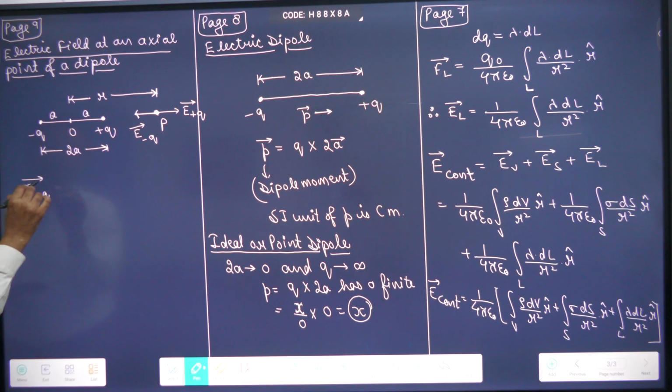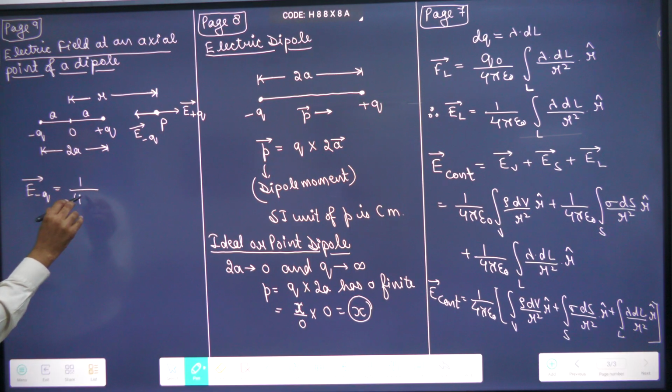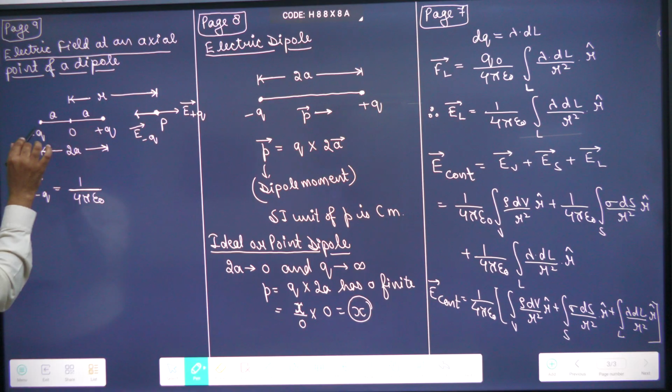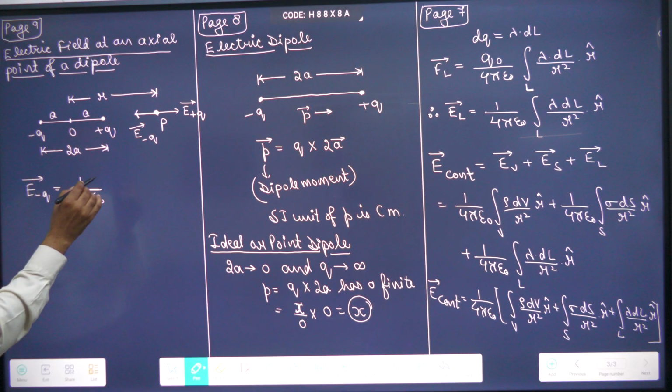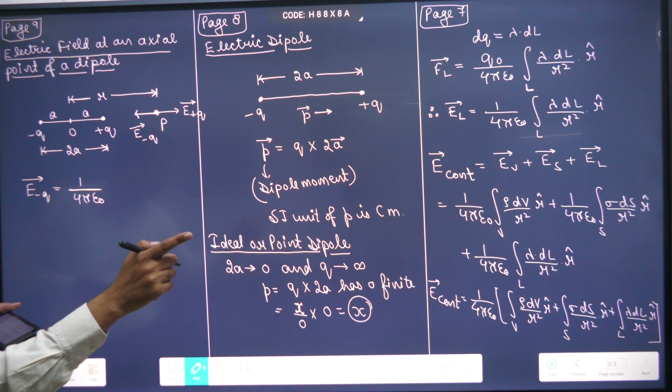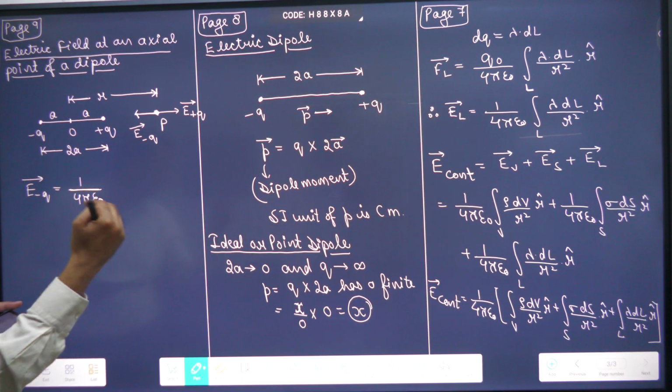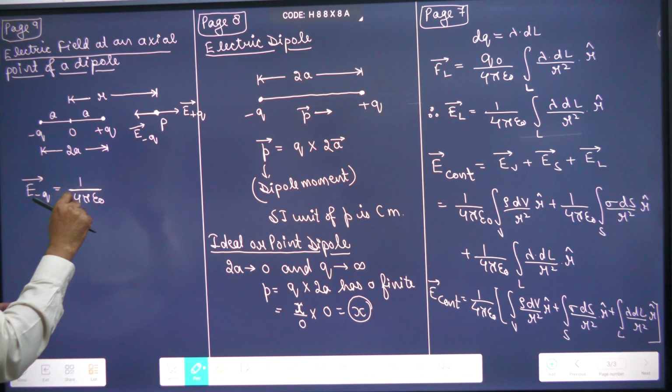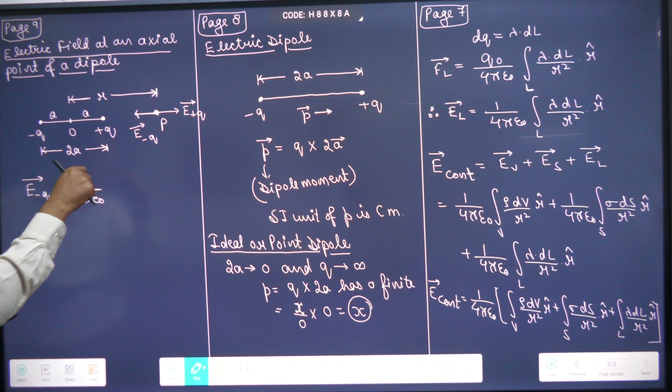E minus Q is 1 upon 4 pi epsilon naught. I am talking about the electric field due to charge minus Q, so we will not take the sign of this charge. Sign is always used to determine the direction only. In the value we put only the magnitude.